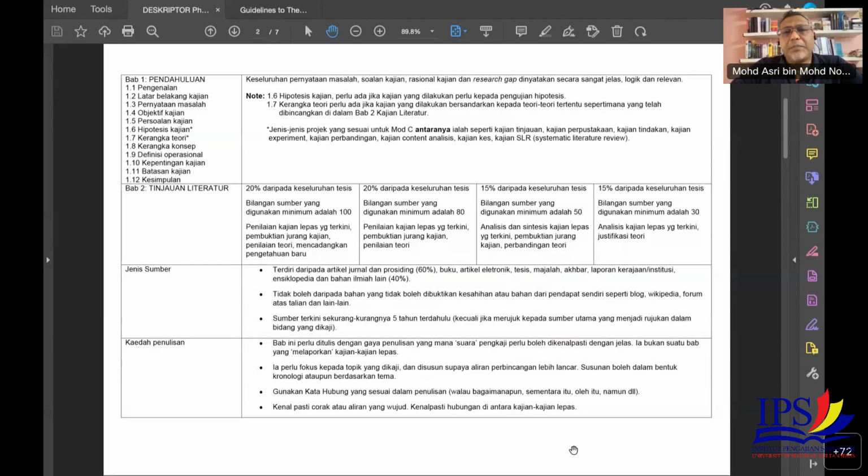Wikipedia is not accepted because Wikipedia is an open document. You can go to Wikipedia now and edit something in it. So anybody can write in Wikipedia, and that's why we do not accept materials from Wikipedia.